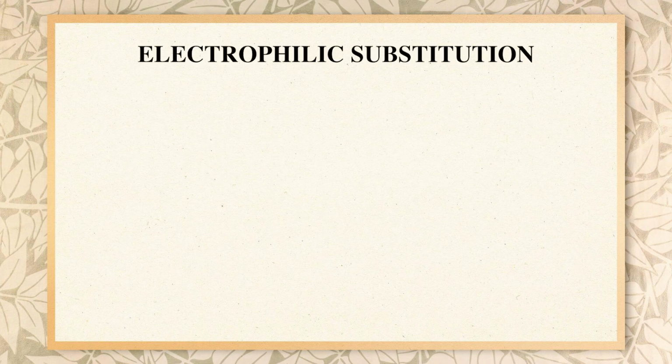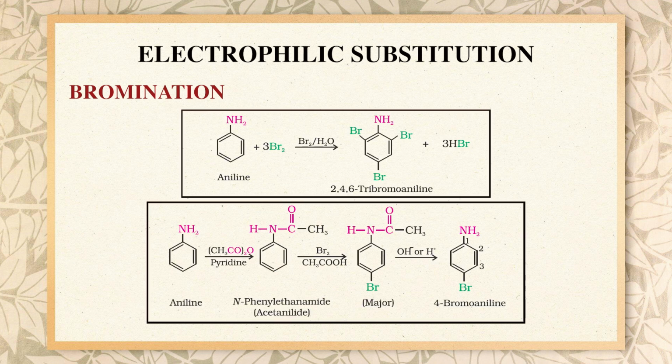Next, we will move on to electrophilic substitution. The first one is bromination. Dear learners, you can see in the slide that aniline reacts with bromine water at room temperature to give 2,4,6-tribromoaniline.